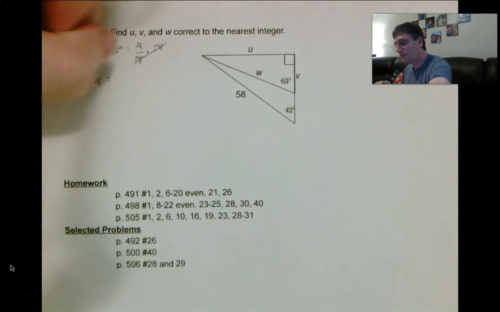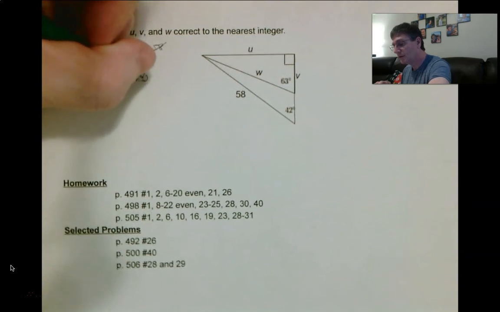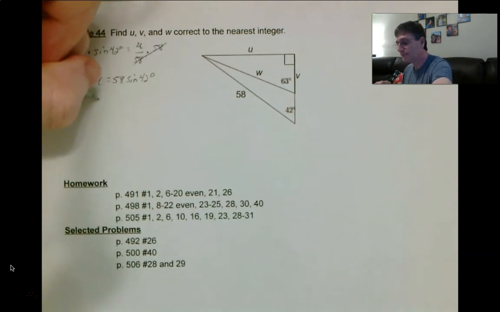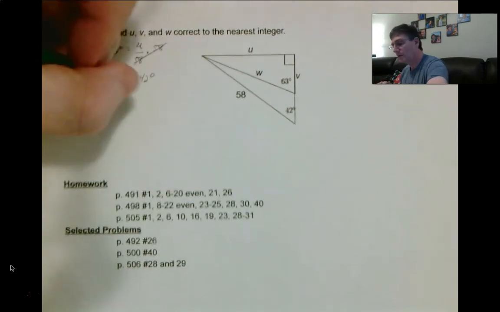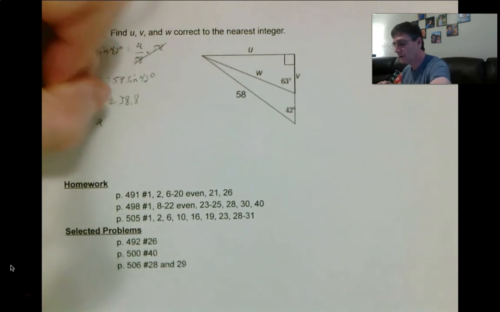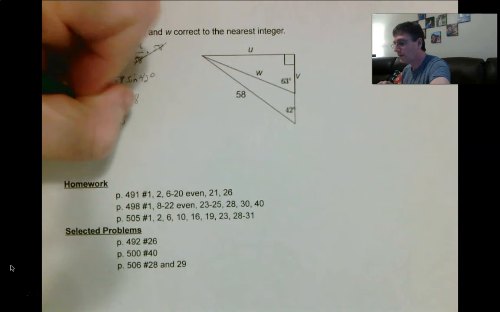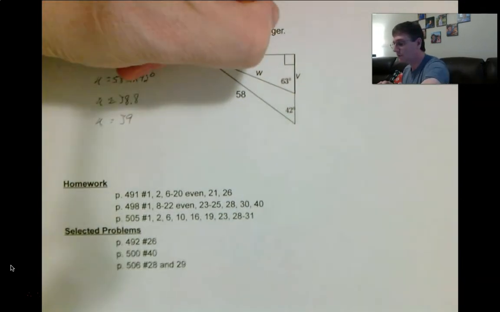U equals 58 sine 42 degrees. 42 sine times 58 is approximately 38.8. So we're going to call U 39.